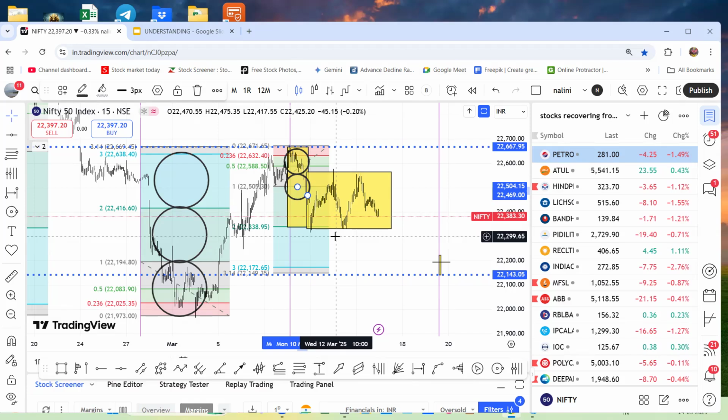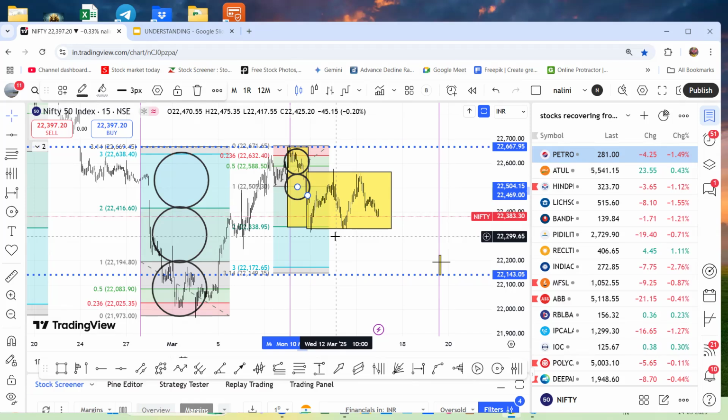Only option buyers will get the opportunity if they find the direction instantly. Instant direction. That's why I designed the 5-minute strategy, and the play will be within 1 hour.